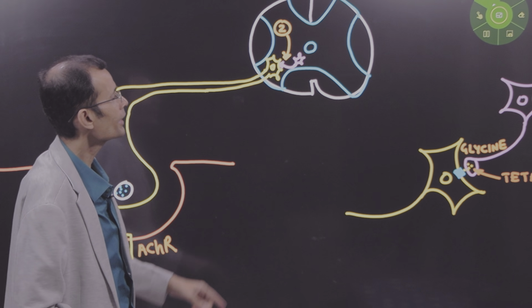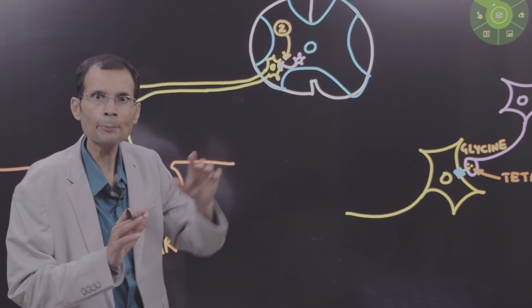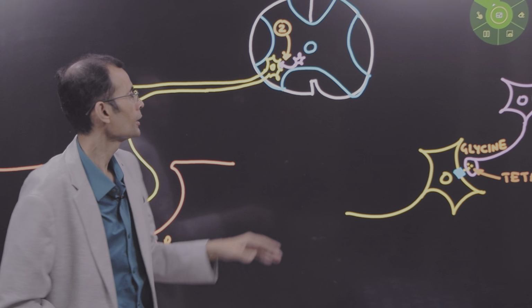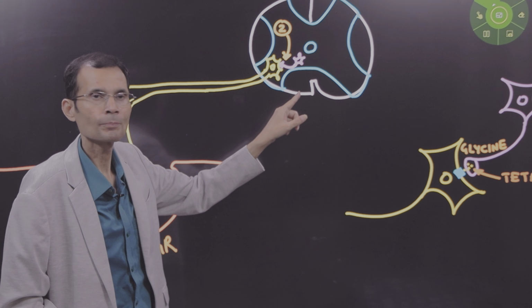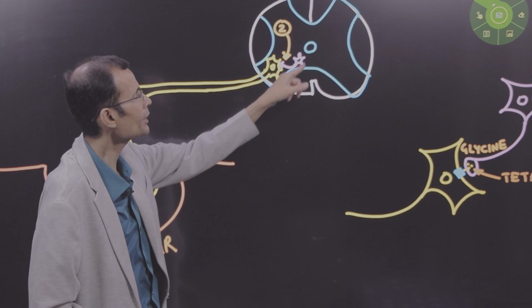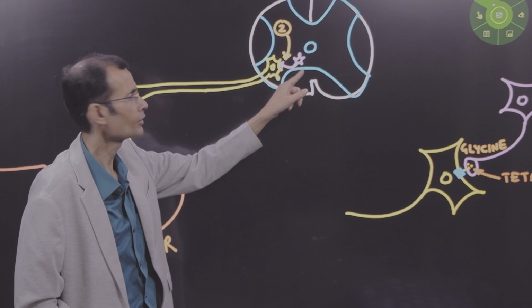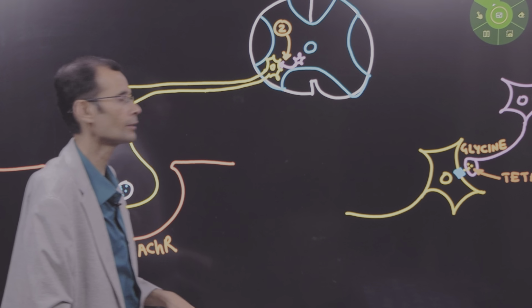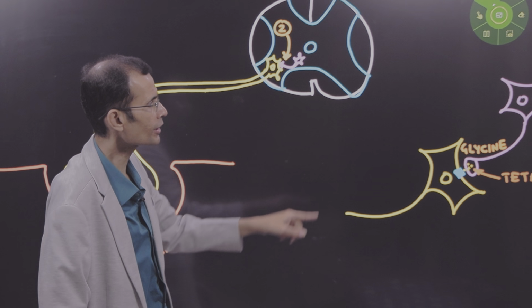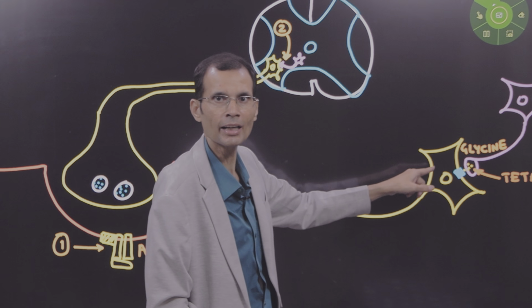They act by interfering with the synaptic transmission, again, at this synapse in the spinal cord, the synapse between the inhibitory interneuron, which is supposed to inhibit the anterior motor neuron going to the muscle. So this synaptic transmission is inhibited. You can see the diagram here.